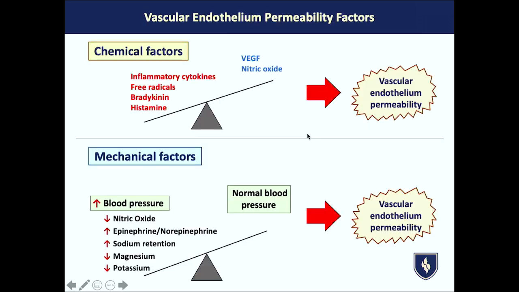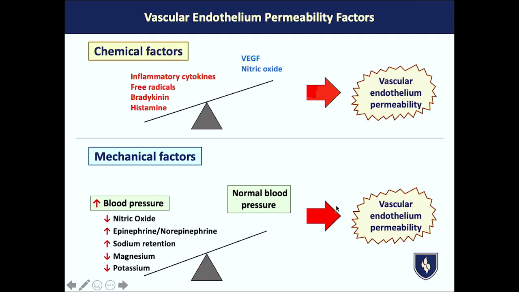Now, things that cause vascular endothelium permeability, it's just like the gut. It's inflammation. So chemical factors, if there's more inflammatory cytokines, free radicals, bradykinin, histamines, than there are things like antioxidants, vascular endothelial growth factor, and nitric oxide, then you get vascular endothelial permeability. And then blood pressure. There's increased blood pressure because there's lack of nitric oxide or too much stress hormones like epinephrine, norepinephrine, or too much sodium retention or not enough magnesium or potassium, and that causes the blood pressure to go up.